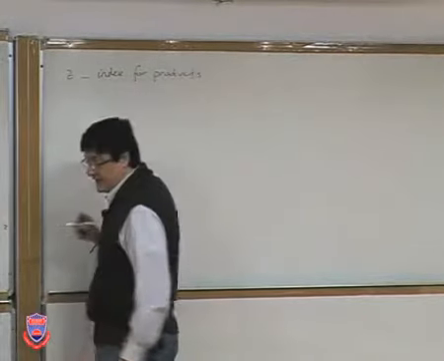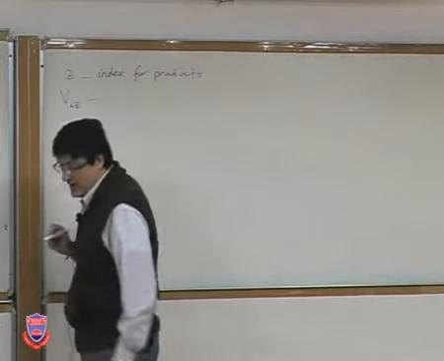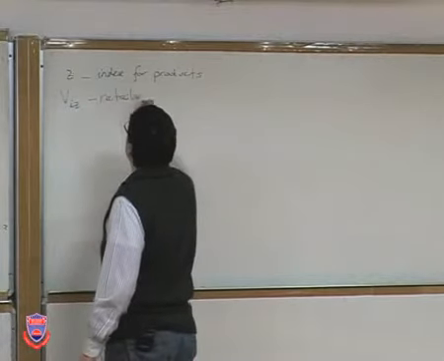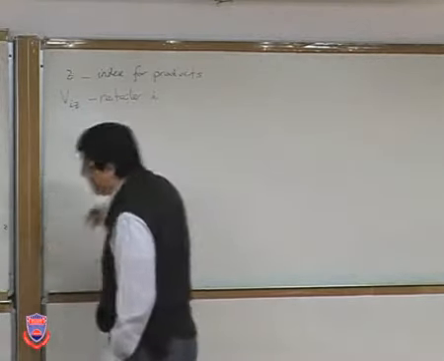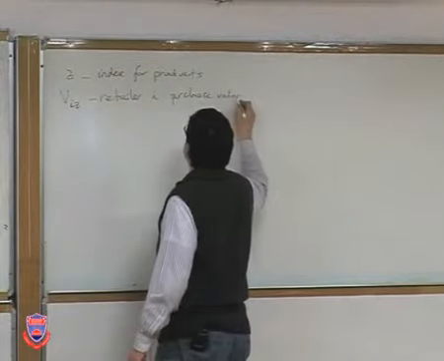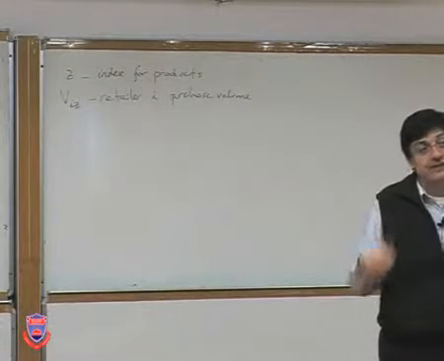And then we have a number of different variables. Now, V sub IZ is going to be retailer I's purchase volume. Of course, this purchase volume is going to be the decision given by the retailer.